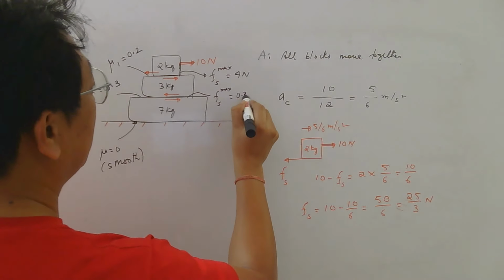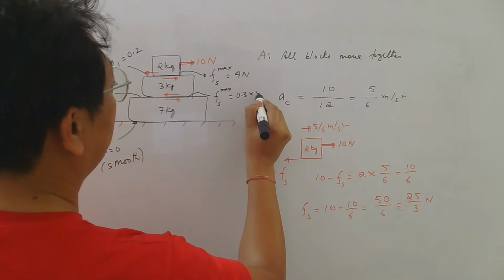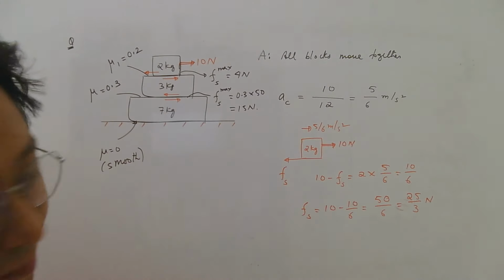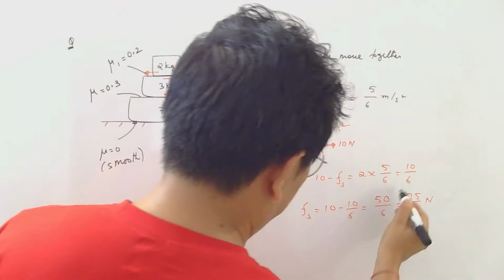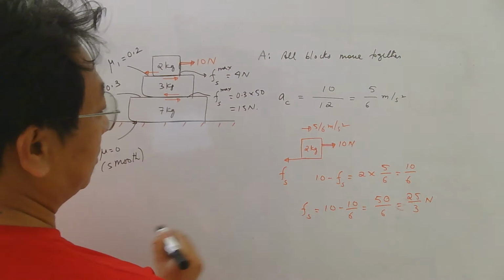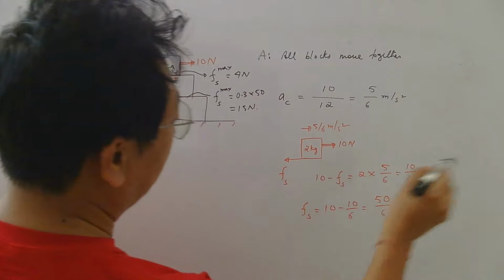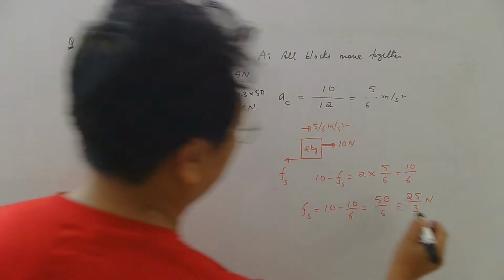So 0.3 into normal here, which is 50. So it is 15 Newton. Correct? No. The friction that came here is 25 by 3, 8 point something, but the maximum here is 4 Newton.